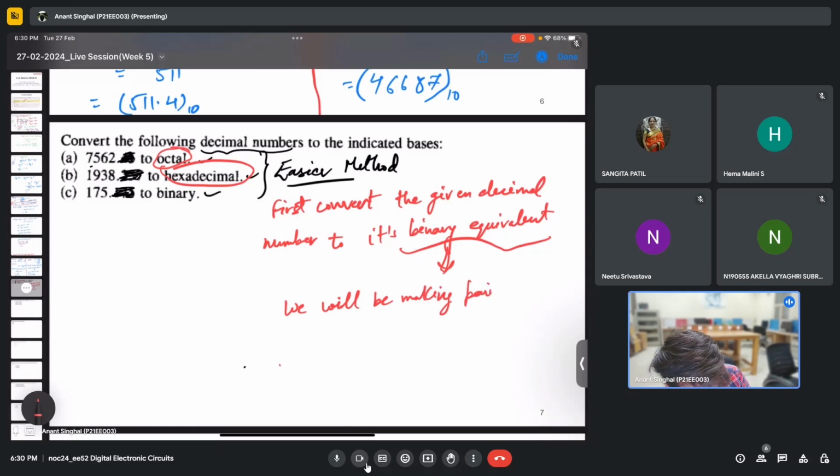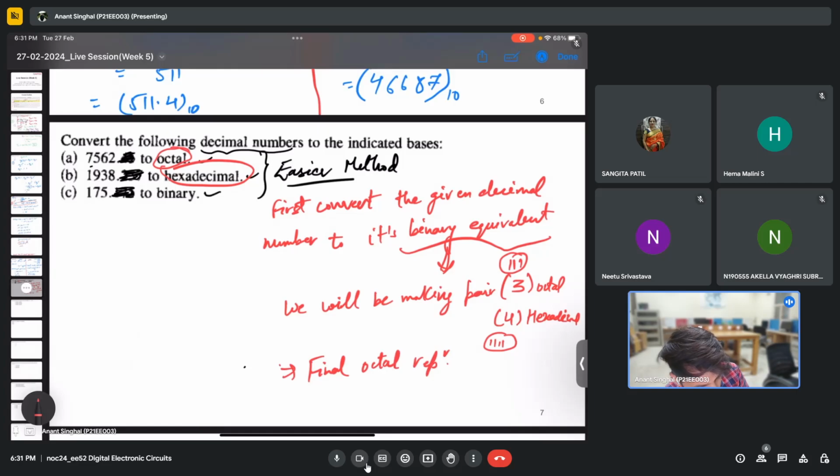Since it is for octal, we will be making the groups of 3. For hexadecimal, we will be making the groups of 4 because of the limit. So 3 bits means 111 is the maximum limit, that is 7, and here it is 1111, that is 15. So we will make the groups. It will be easier to explain by the example that is given. I'll be doing this, and this will give you the final octal representation.